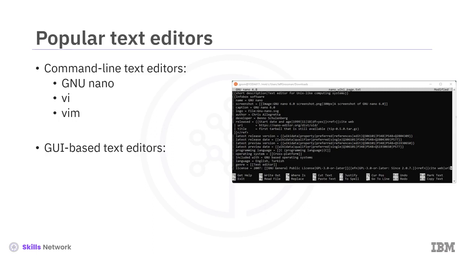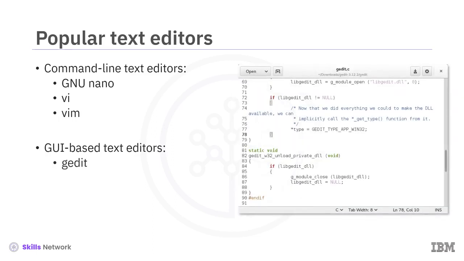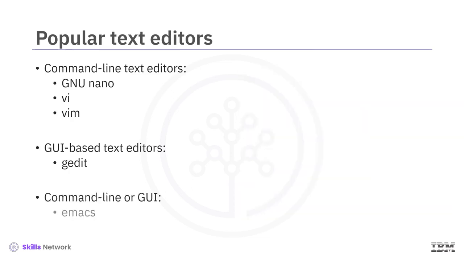A popular GUI-based editor is gedit, which is the default editor from the GNOME environment. And Emacs is another text editor that is one of the oldest free open source projects still under development. You can use Emacs in GUI mode or within a command line.